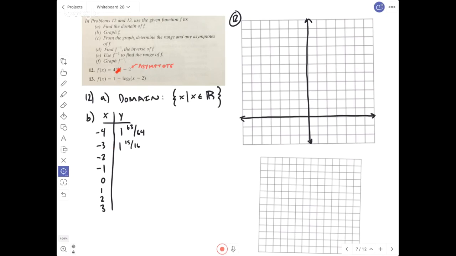Negative 2 plus 1 is negative 1. So I've got 4 to the negative 1, which is 1/4, minus 2 is, oh, this should be negative, negative 1 3/4.